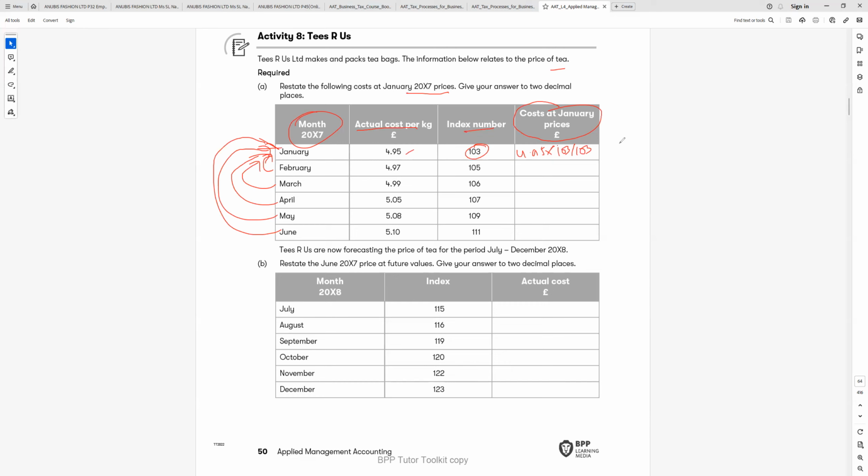So that will give me 4.95, because the price in January will be the same as January, because the value of £1 today is exactly £1, so it will give us the same value. But if you look at February, it was 4.97. So if I bring it back to the January price, how much will it be? It will be 103, the base, divided by 105, the index number, multiplied by 4.97.